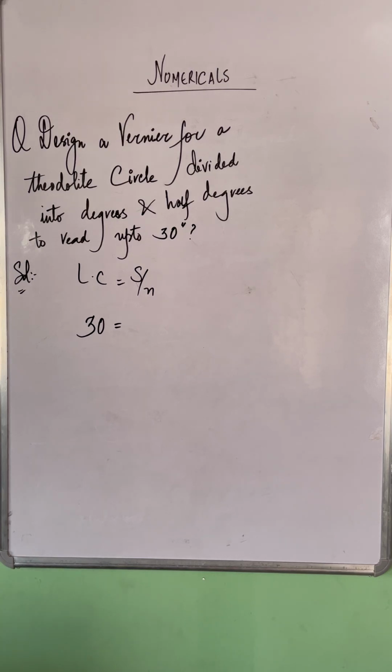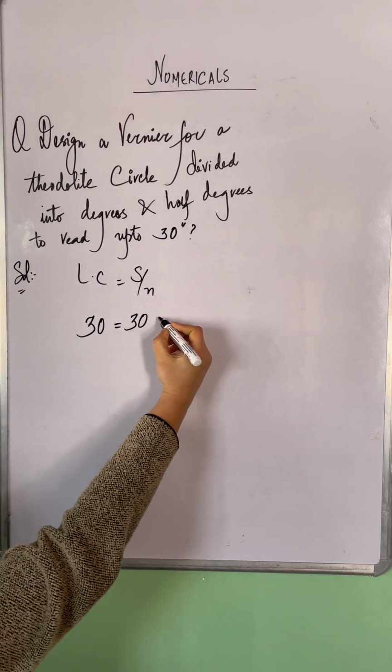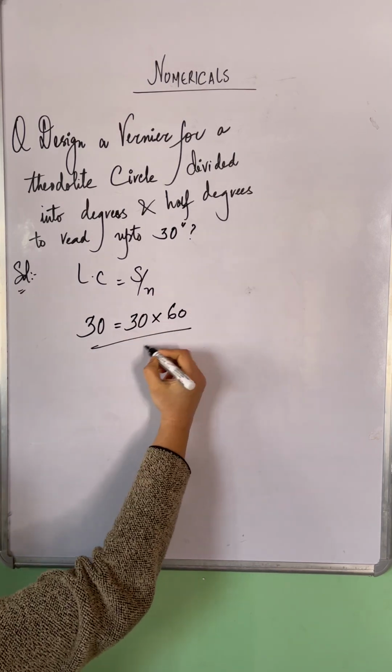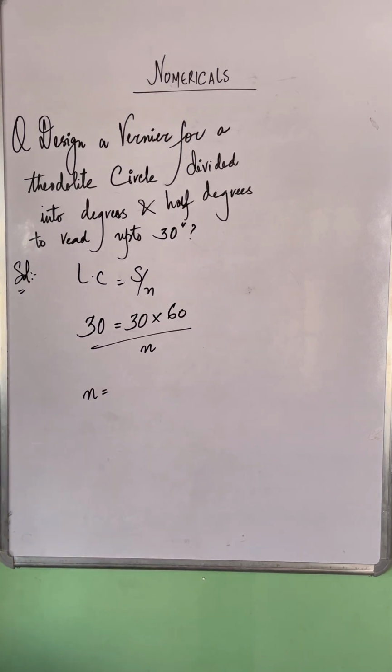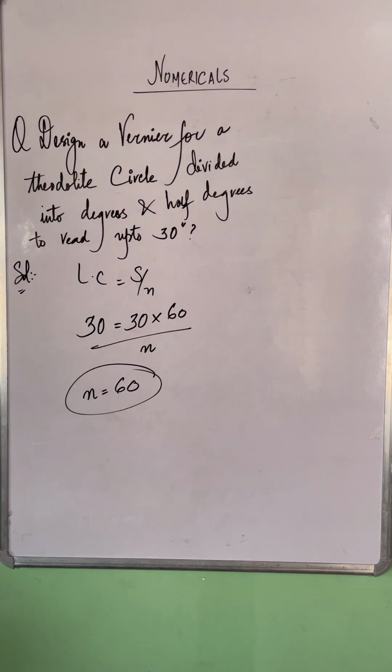That means the smallest division on the main scale is half degree, and half degree is how many minutes? 30 minutes. But for dimensional homogeneity, we convert it into seconds. By that, my N will be equal to 60. So the number of divisions required on the vernier scale is 60.